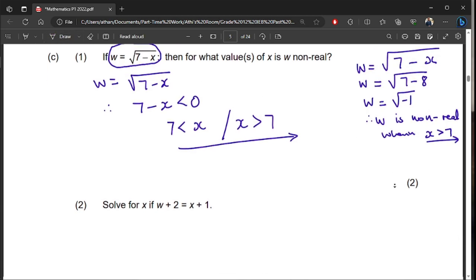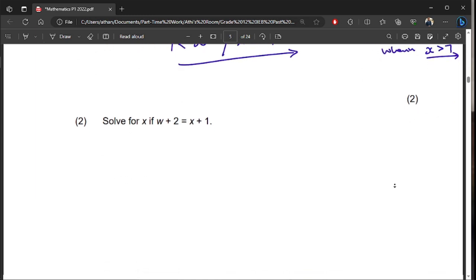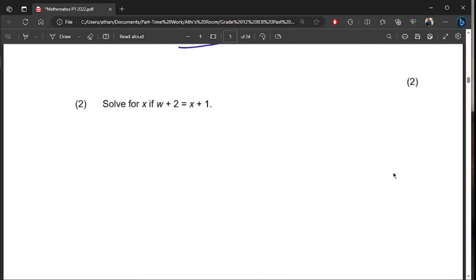So the next question: solve for x if w plus 2 is equal to x plus 1. Oh, okay, I see, guys. I got stuck there for a moment.